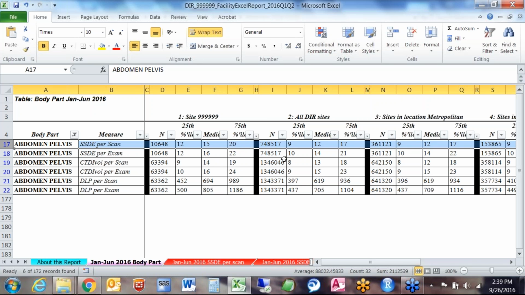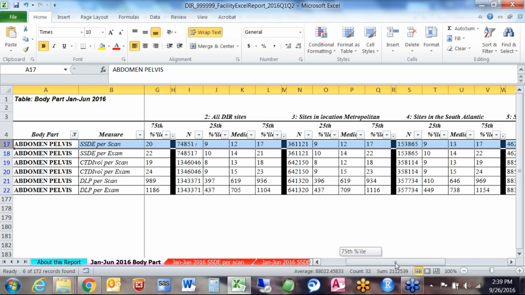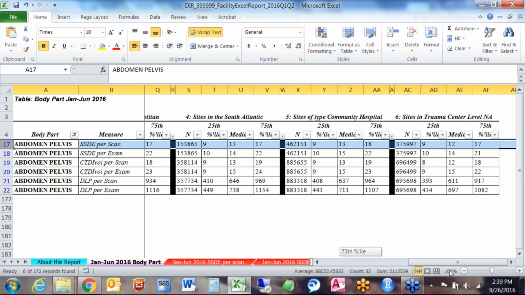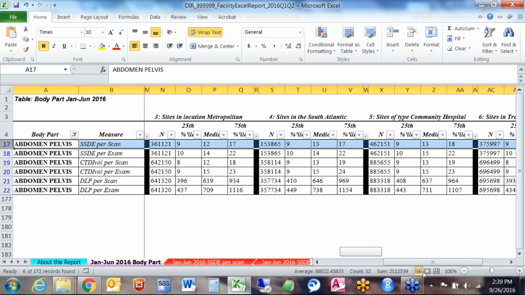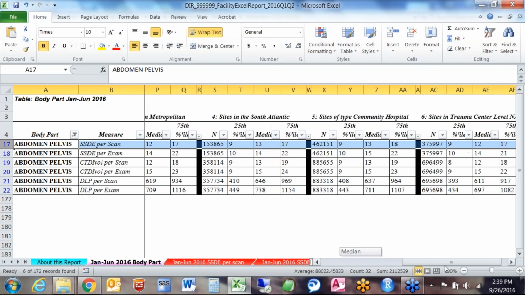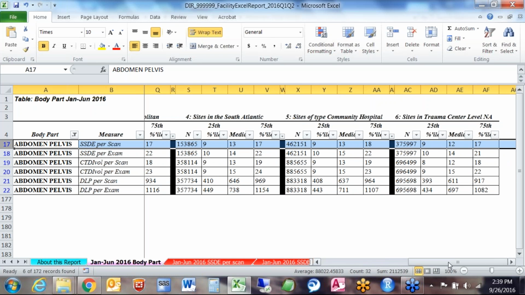And you can compare your numbers with DIR as well as other facility types, facility location, and census division. You can also compare to the trauma center level if you provided us with trauma center information. This facility did not provide any trauma center information, so we compared with other facilities which did not have trauma center information, which is not so helpful.